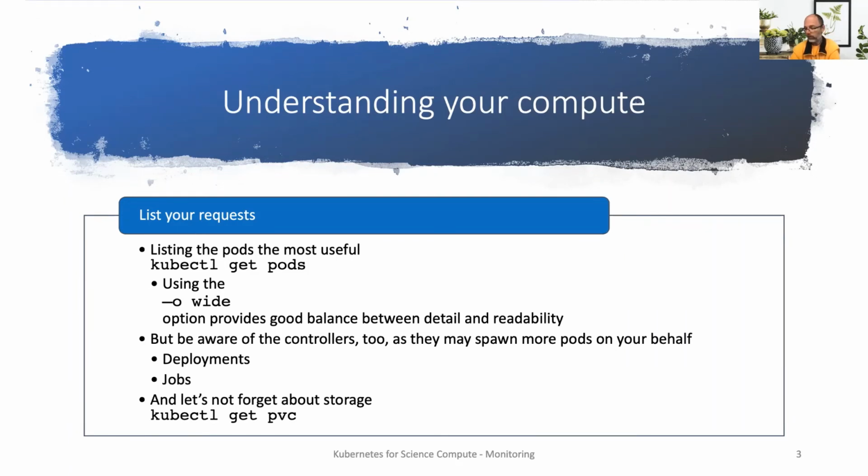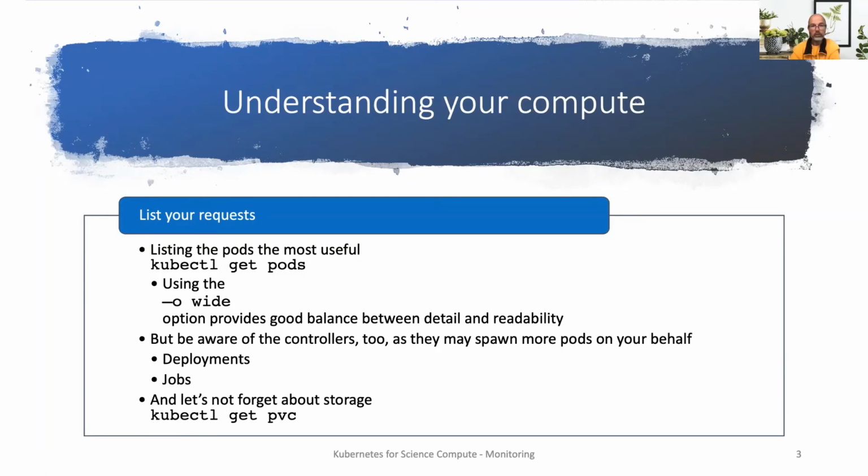That provides you more information about what's going on, because without anything, you just know if it's running or not. -o wide tells you a little more details, like where it is running, what its IP is, and stuff like that. There are more options. If you want to see the gory details, you do -o YAML, but that gets you into expert territory, and I don't want to go there.